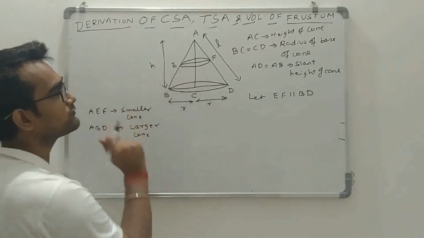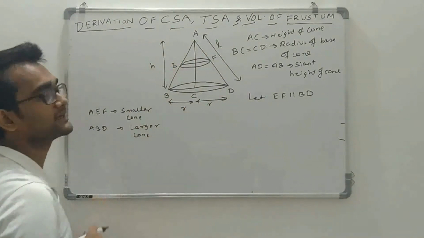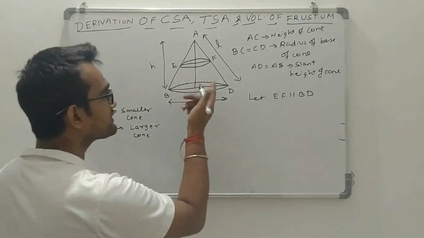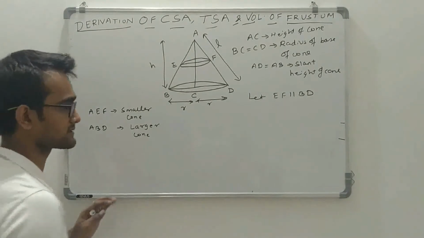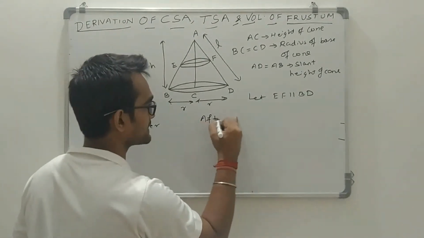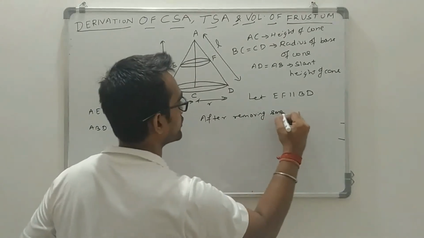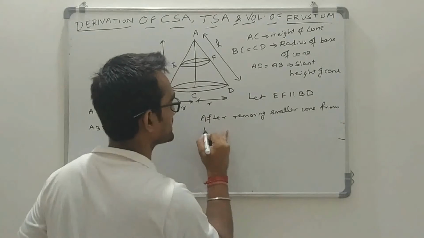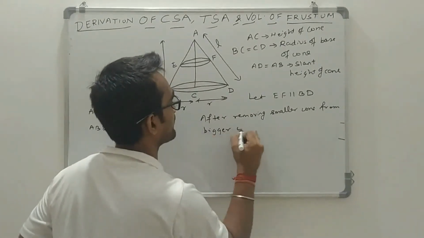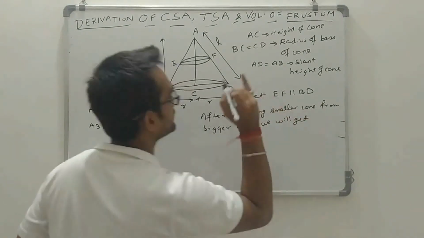We will remove this smaller cone by cutting from the bigger cone. After removing this smaller cone, we will obtain two figures. After removing smaller cone from bigger cone, we will get two figures.